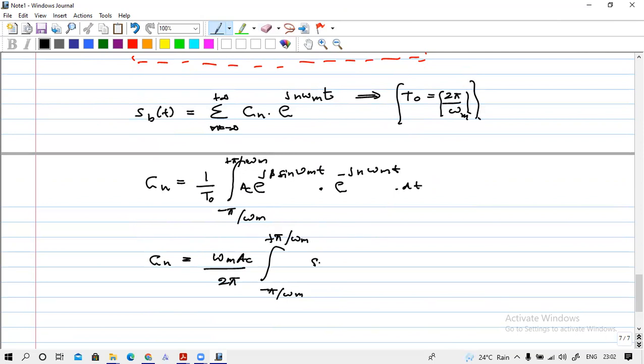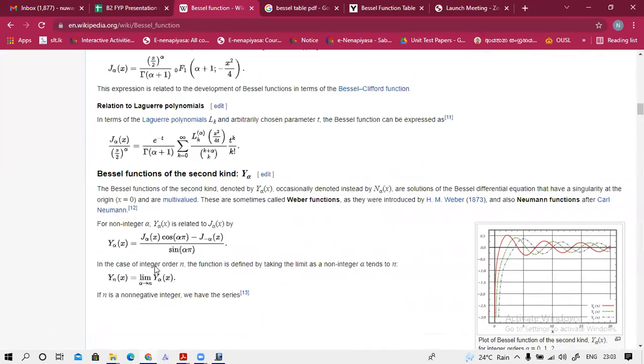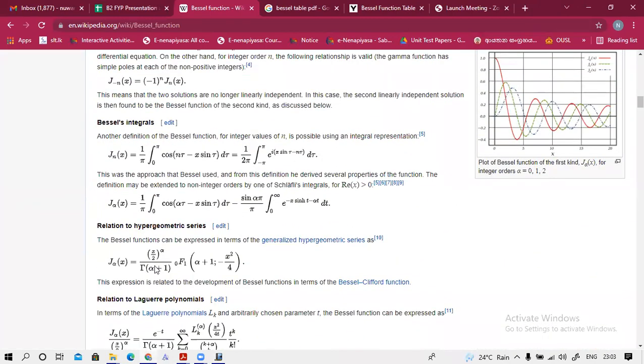And I get e to the power j, beta sine omega m t plus omega m t, dt. Now if I go to that Bessel function again, look at this one.